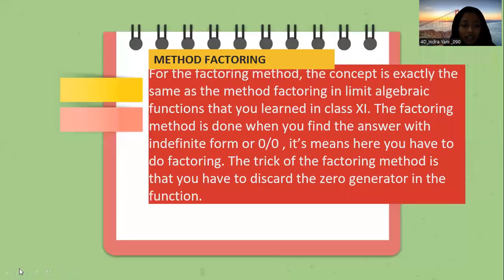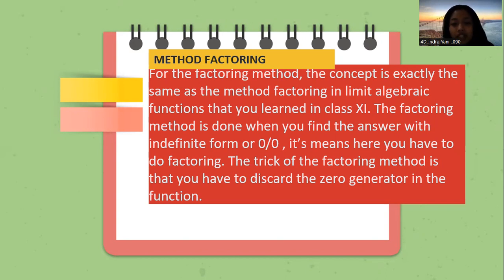The next calculation is by the factoring method. The concept is exactly the same as the factoring method in the limit of algebraic functions that you learned in the 11th class.